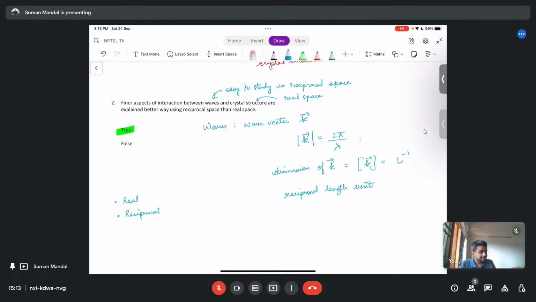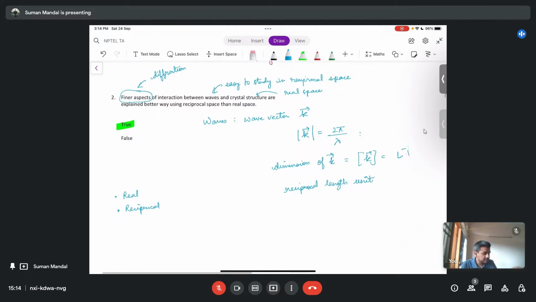So in the reciprocal space, a final aspect, an example of which is diffraction, is understood in a much better way when we study it in the reciprocal space rather than the real space. So the answer is true.